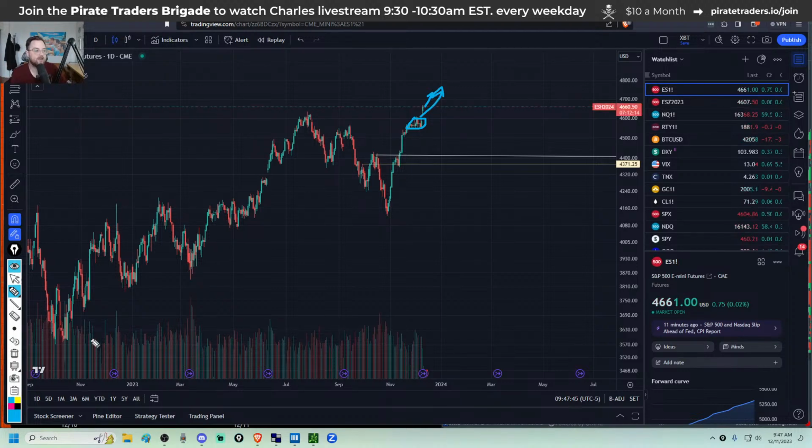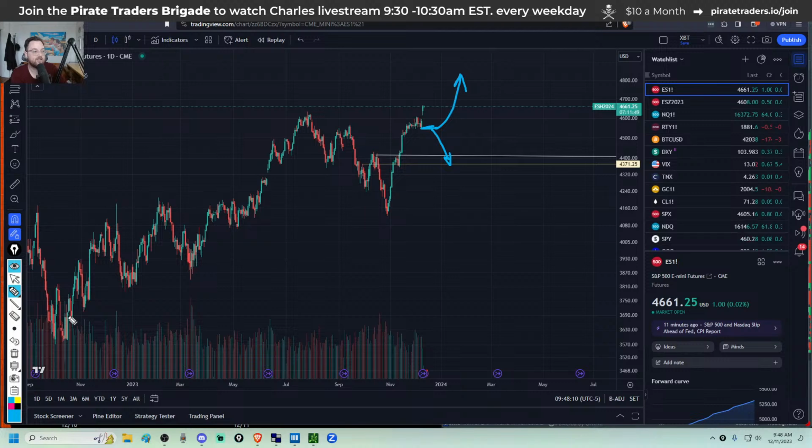If we have that, wouldn't it be interesting for us to be way up here when Powell speaks? And then the market could crash much lower. Or wouldn't it be interesting to look above and fail and pull back down to the bottom of that balance area, so that two days from now when Powell speaks, we're sitting right on that balance area low, where again it could break much lower or it could turn around and head much higher.